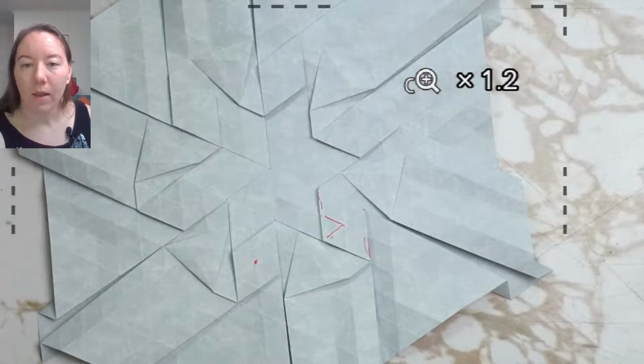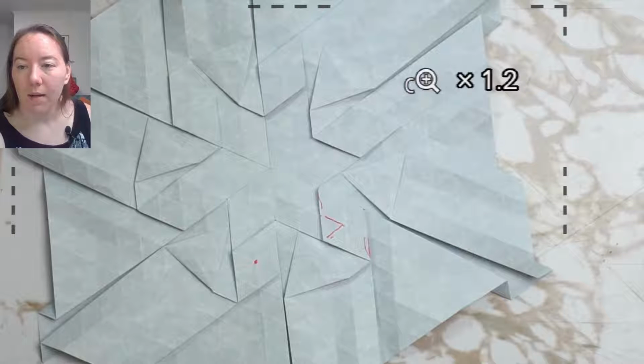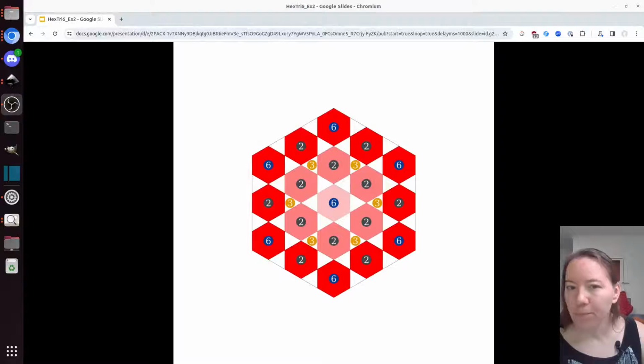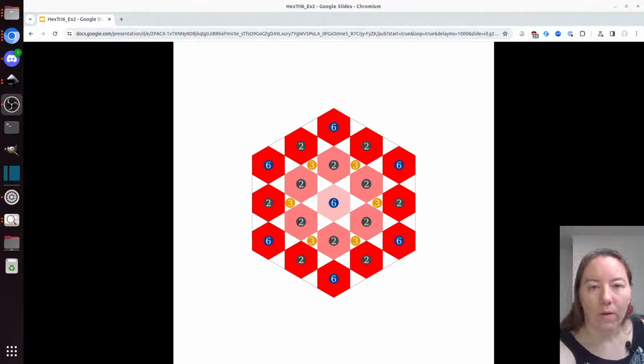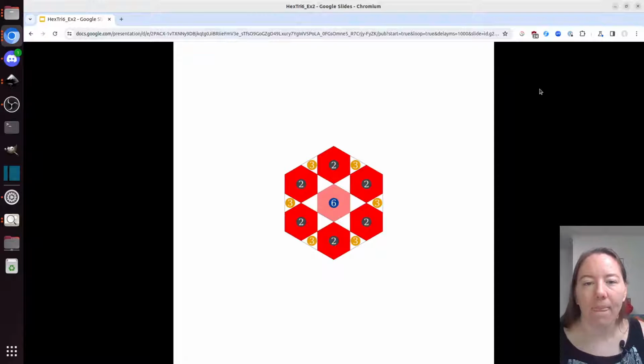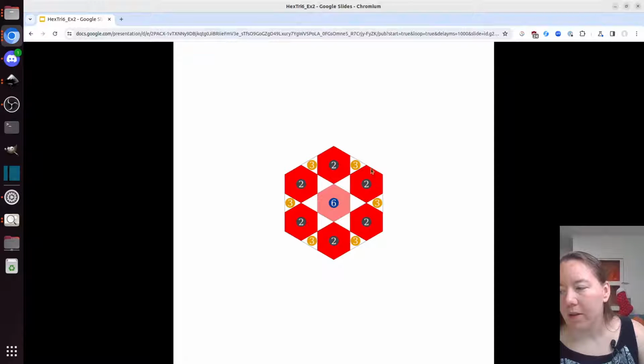So if we look back at that tiling diagram, what we just did is these 6 hexagons and 12 triangles around our central hexagon.